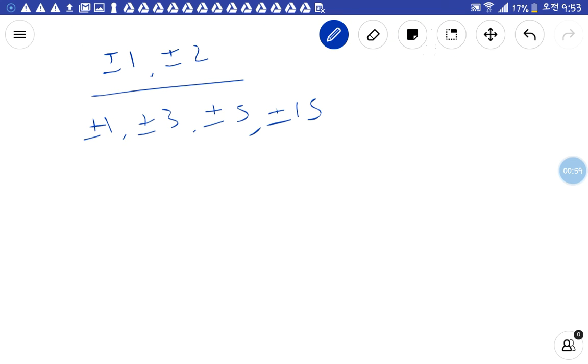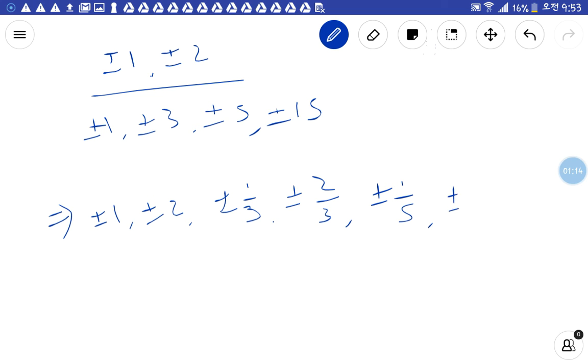Those are the possible rational roots, which are plus or minus 1, plus or minus 2, plus or minus 1/3, plus or minus 2/3, plus or minus 1/5, plus or minus 2/5, plus or minus 1/15, plus or minus 2/15. So you have a total of 2, 4, 6, 8, 10, 12, 14, 16 possible rational roots.